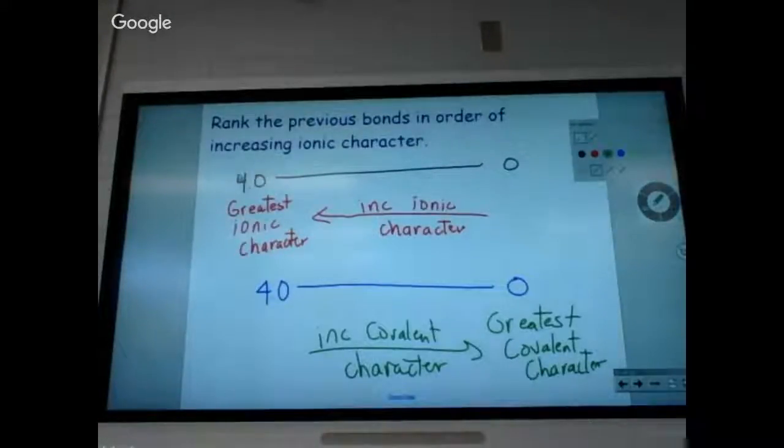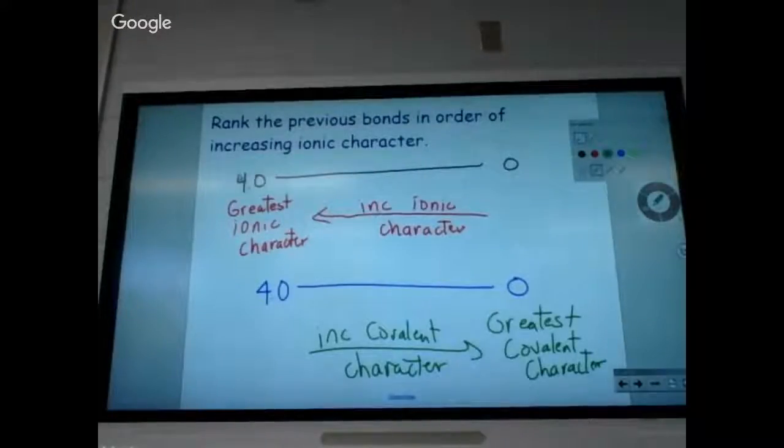What do the arrows mean? That means you put them in order going that direction. All right, so the question said, put these in order according to increasing ionic character. Okay? So, least ionic to most ionic.